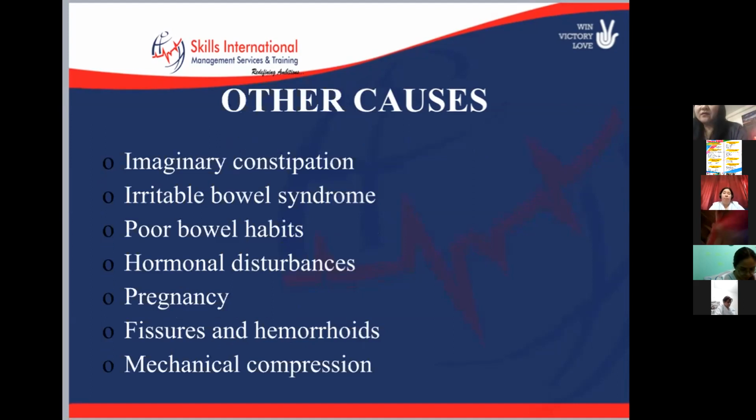Question: ma'am, my patient has been experiencing constipation for about 1 month. But she is taking iron, and the color of her stool is sometimes black, green, black. Black stool. Yes, ma'am. Okay, I understand. That is the side effect.